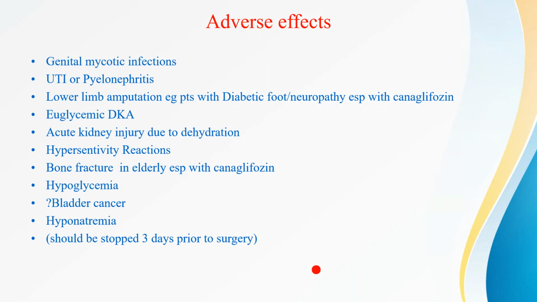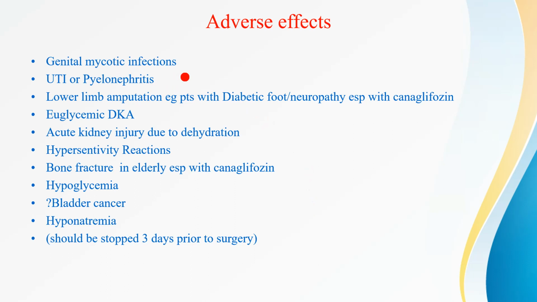Various adverse effects seen with SGLT2 inhibitor use are genital mycotic infections because of their glucosuric effects. Because of glucose loss in the urine, the glucose in the urinary tract or genital areas promotes bacterial or fungal growth, and it leads to genital mycotic infection.